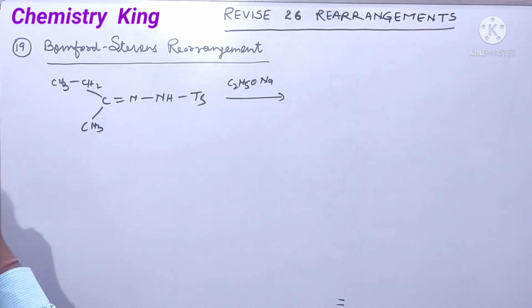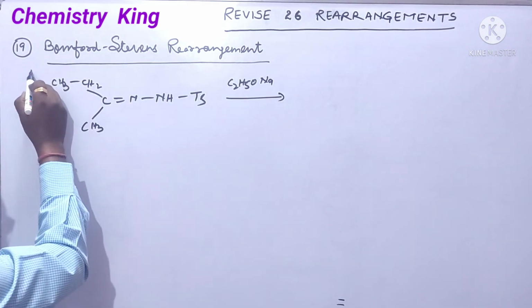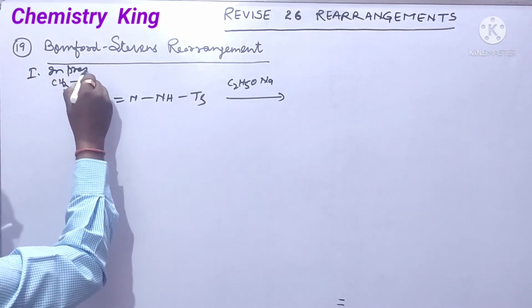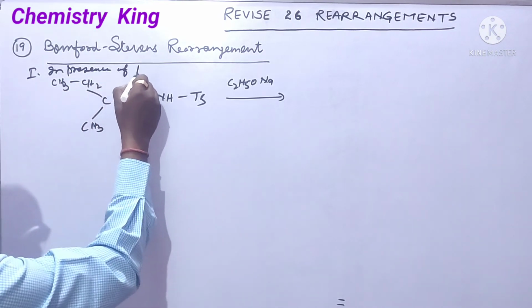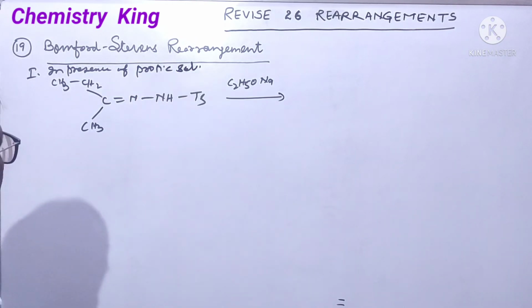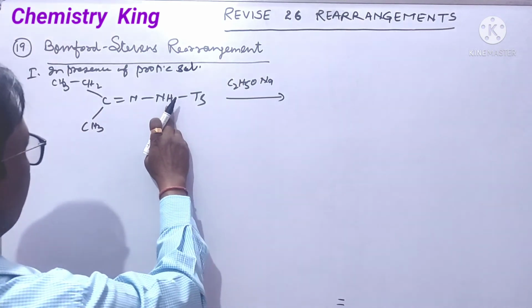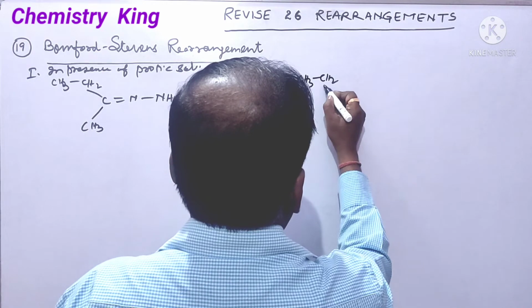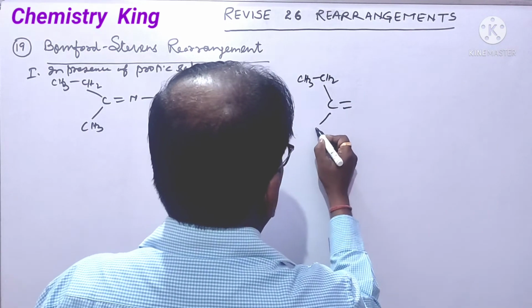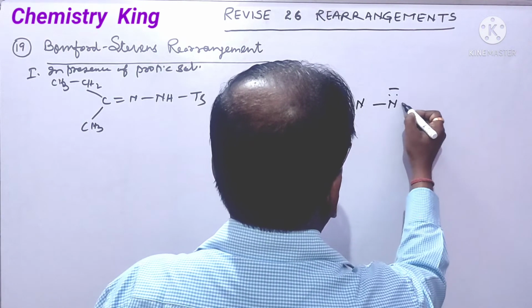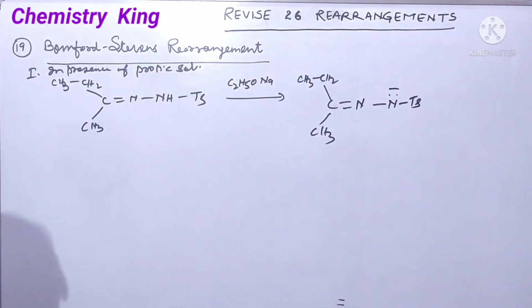So we will see here the mechanism of both types. In presence of protic solvent, number 1, ethoxide ion will abstract this hydrogen, resulting in this CH3 double bond N, N minus Ts.